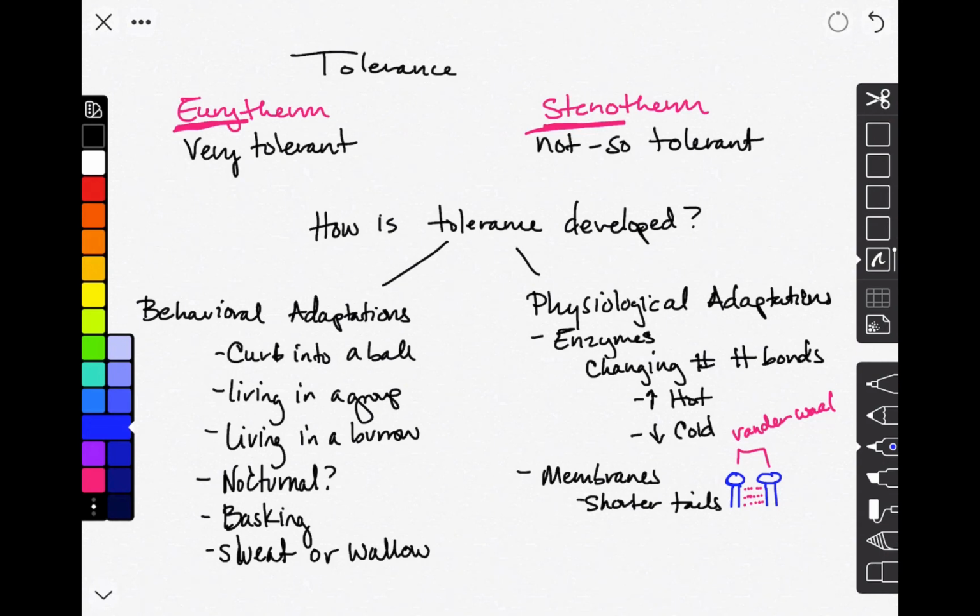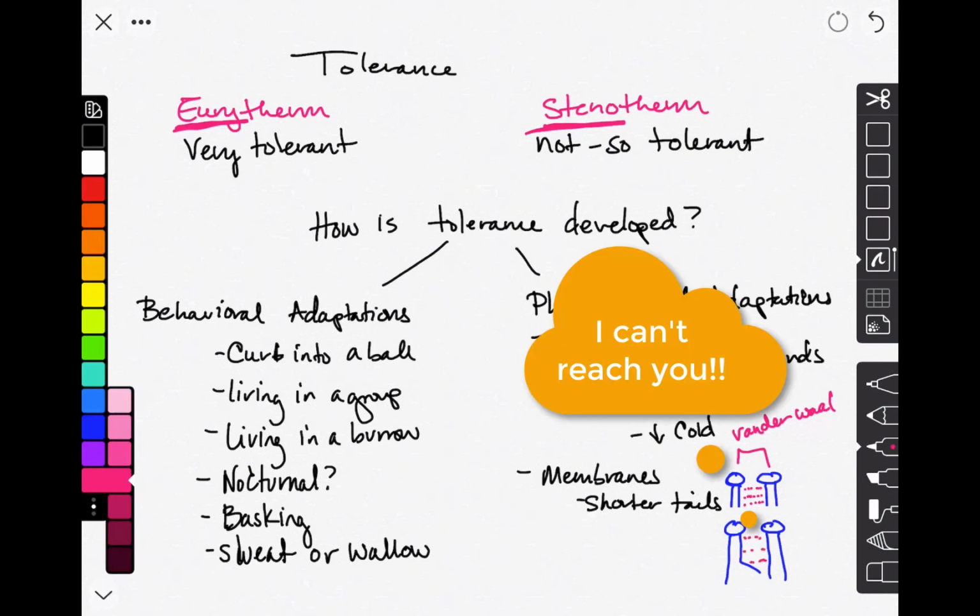Another way that we can do this is that we can take the tail of one of these phospholipid membranes, and we can unsaturate it. When we unsaturate it, we kind of put a little kink in it, and that little kink actually pushes the other guy away a little bit. So it lessens the amount of interaction.